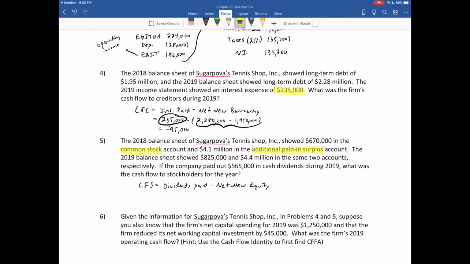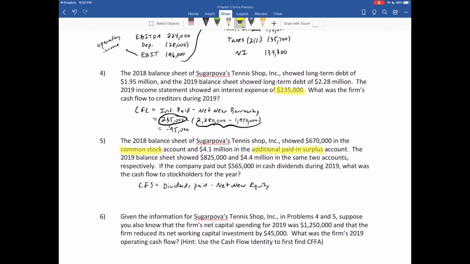If you've never heard of additional paid in surplus, it is basically when an investor purchases a company's shares at a price that exceeds the par value. So this is only applicable on purchases of shares directly from the company. Oftentimes the company will list their par value at an extremely low amount, such as 0 or 1 cent.